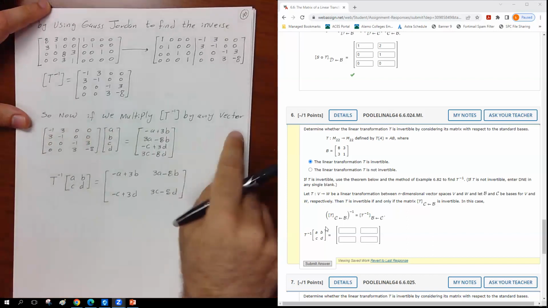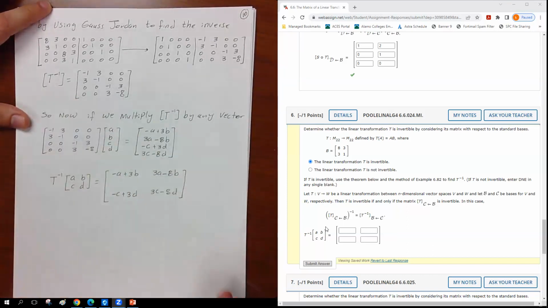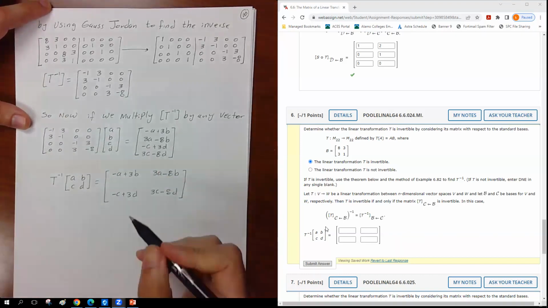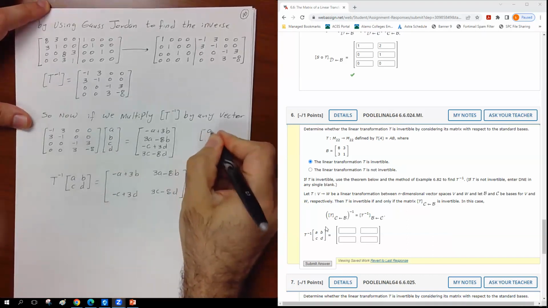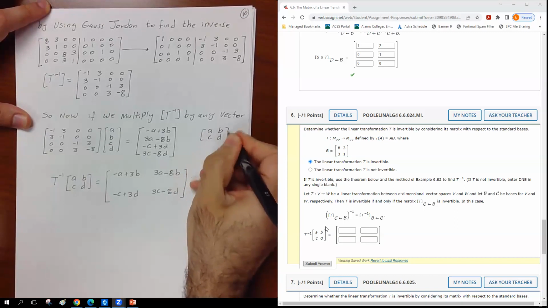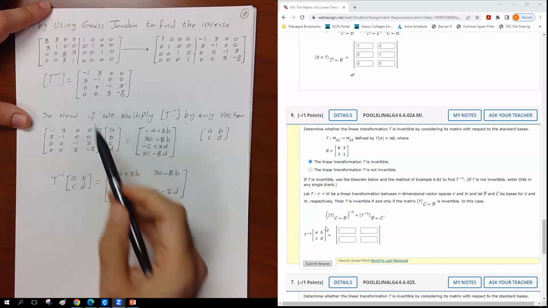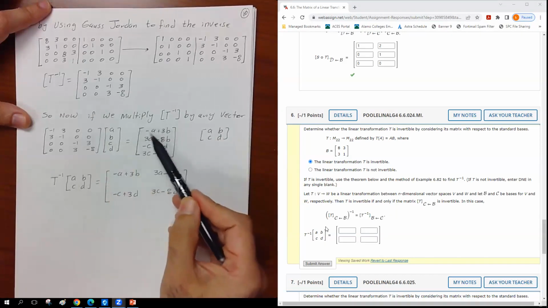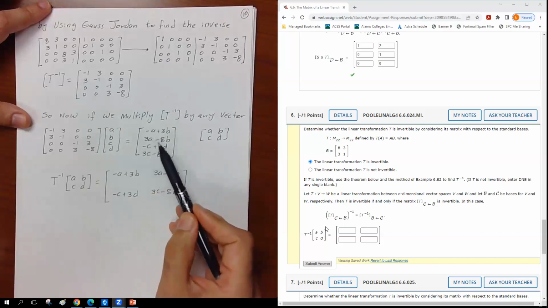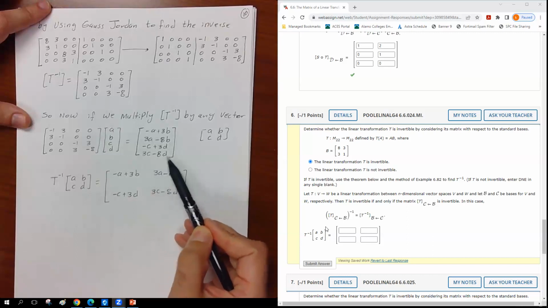So now if you multiply by any vector in the space of 2 by 2 matrices, in general A, B, C, D, if I multiply our inverse matrix with A, B, C, D, I'm going to get negative A plus 3B, 3A minus 8B, negative C plus 3D, and 3C minus 8D.